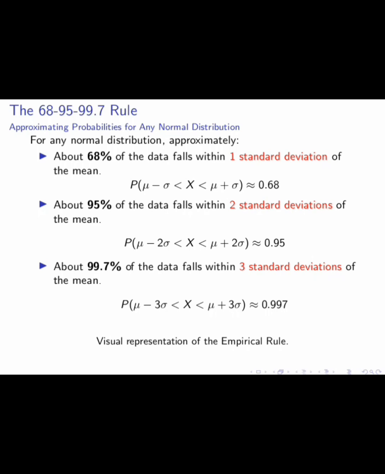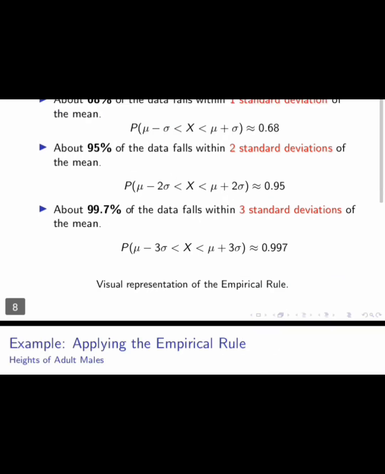So you can see 0.68, 0.95, 0.997. There are visual representations for this, which are already sent to the platform. Are you getting me? Now, all of these things that we've stated, let's come to the application.